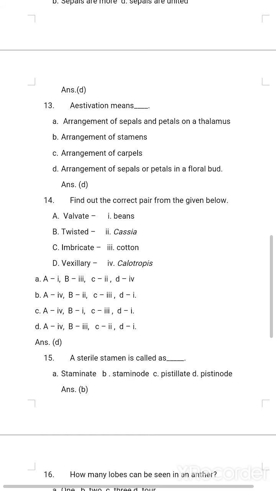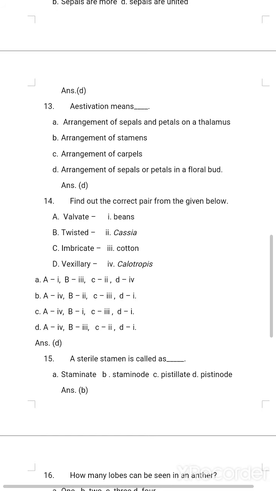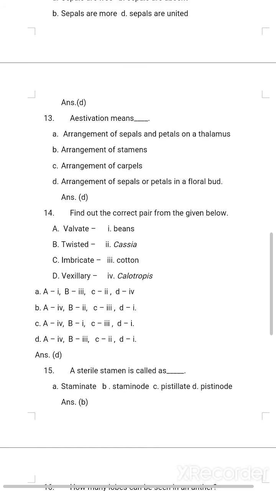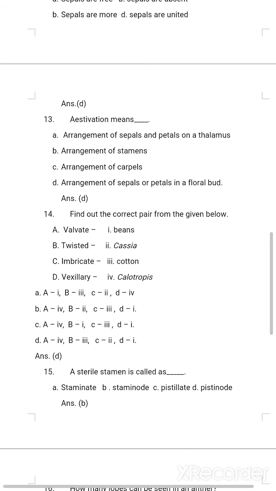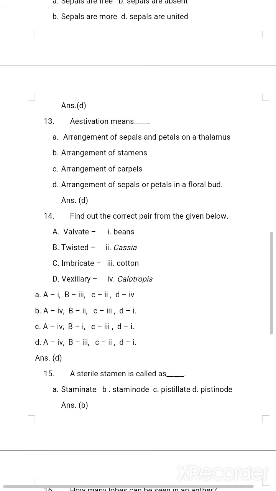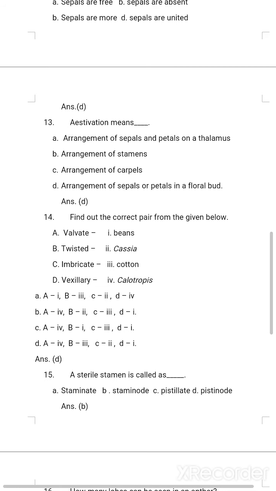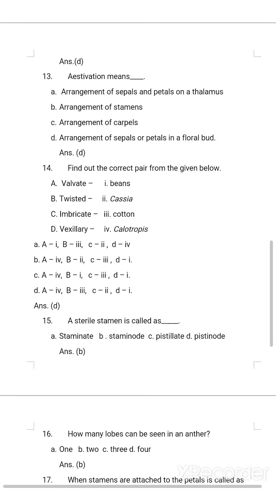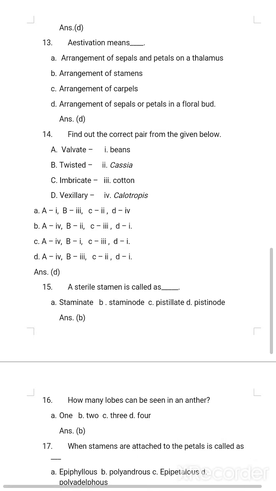Students, the correct answer is option D, arrangement of sepals or petals in a floral bud. It is not on thalamus. Make sure this difference is clear to everybody. Got it?